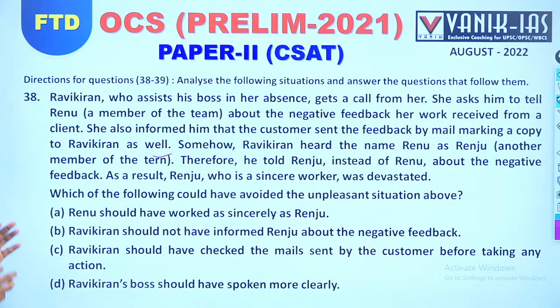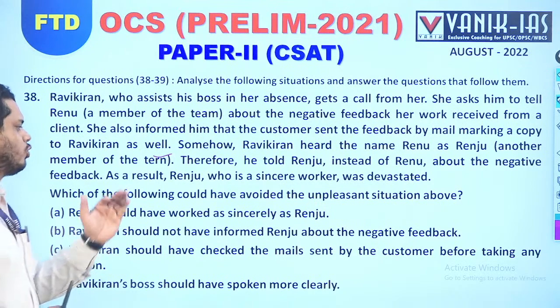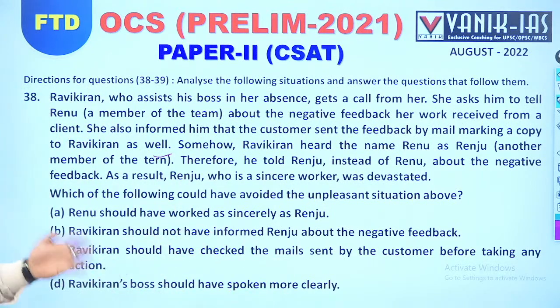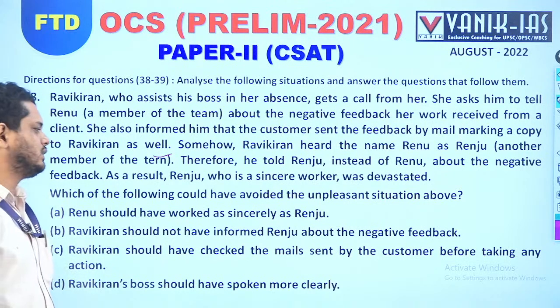So what is the best possible way to avoid these unpleasant situations? What could have avoided the unpleasant situation from the given responses? Renu should have worked as sincerely as Renju.